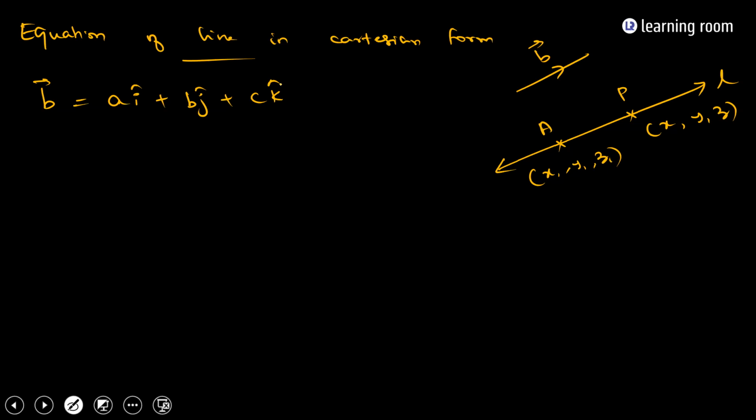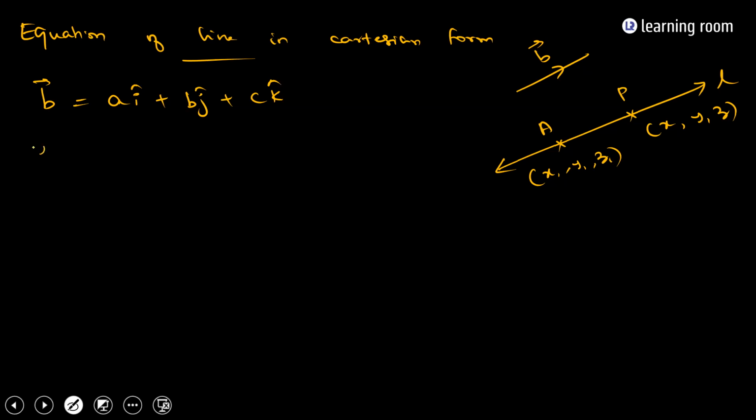Please make a note of this. And don't confuse this a with the point A vector. Here I repeat, in a i cap plus b j cap plus c k cap, the coefficients of i, j, and k, that is a, b, c, are the direction ratios of B vector.